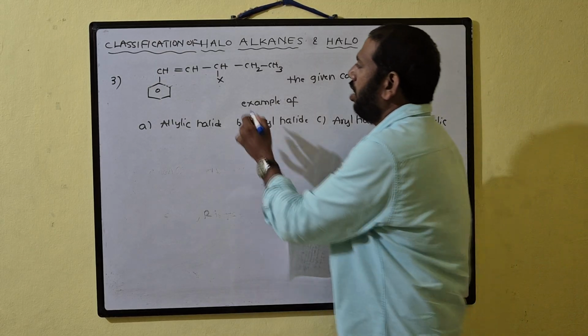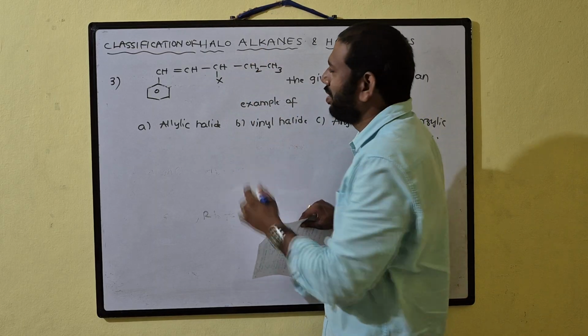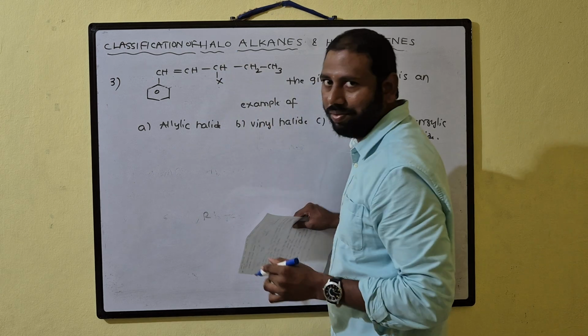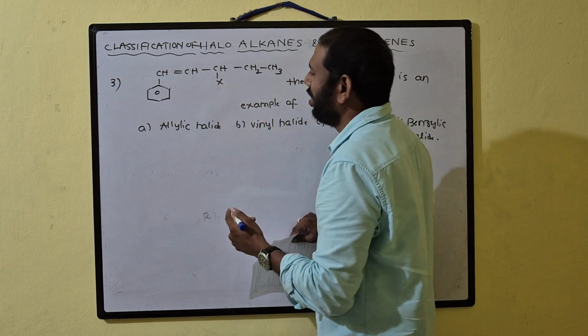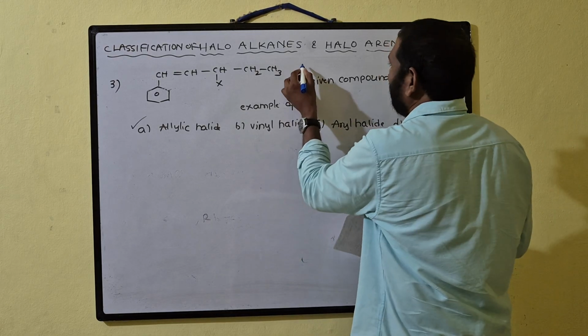Here the halogen is directly attached to an allylic carbon, so it is an allylic halide. So the answer is allylic halide. It is one of the questions from NEET.